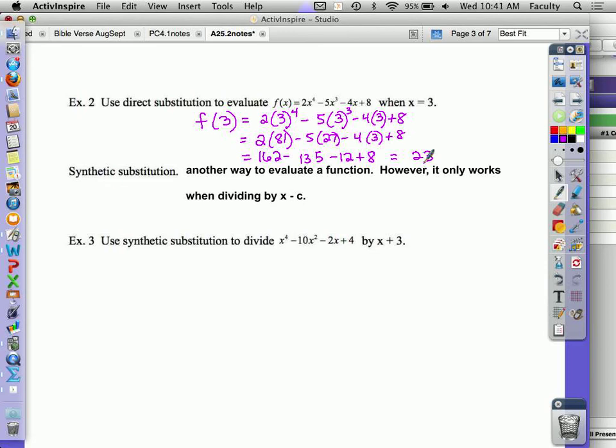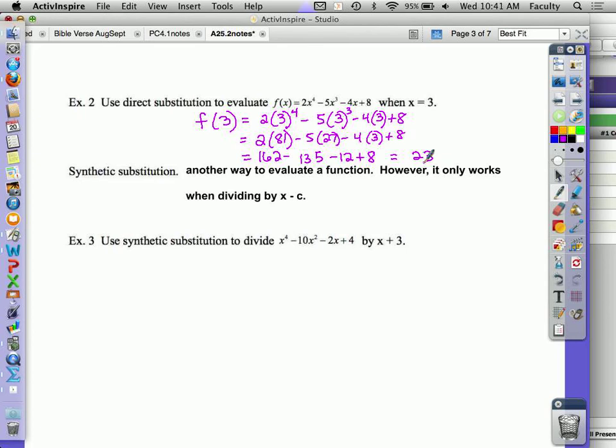It's really rather fun once you get the hang of it, but on the next quiz, on your homework, you're going to be asked sometimes to do direct substitution and sometimes synthetic substitution. So I'm going to show you the two methods, but you have to figure out a way to keep them straight in your mind. And you might want to mix up problems with different sets of directions and see if you really do understand what does each one mean, okay?